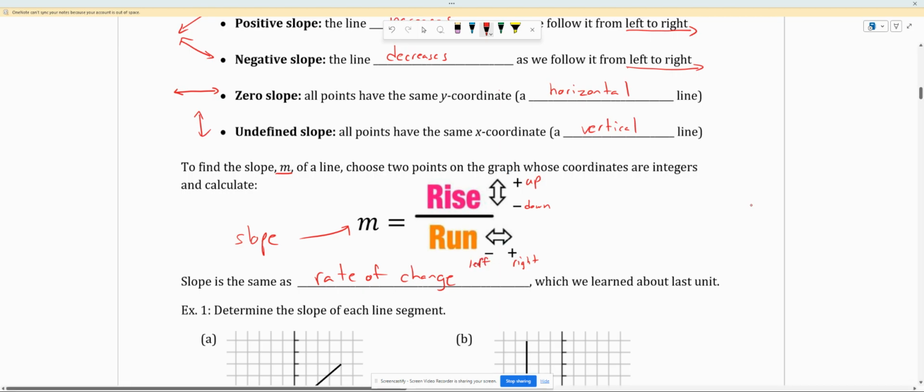Now just to recall, this is the exact same thing as what we learned before: the change in y divided by the change in x, the change in the dependent variable divided by the change in the independent variable. It's the exact same thing.